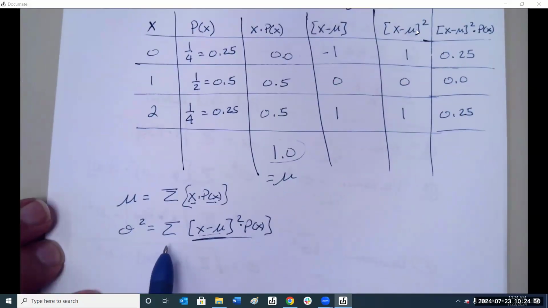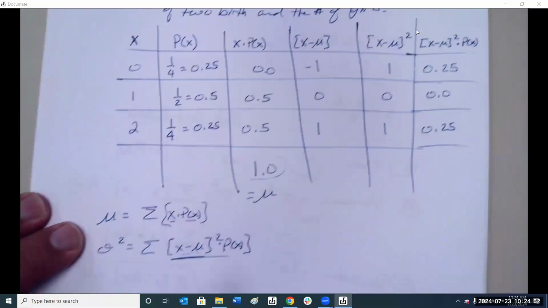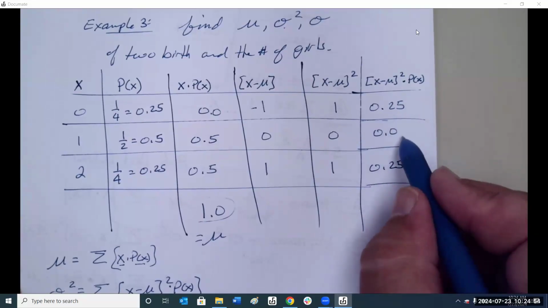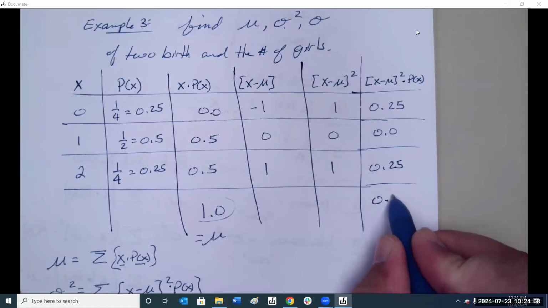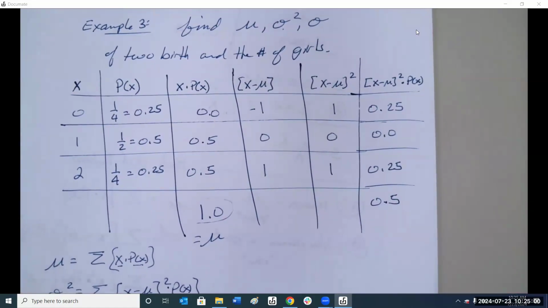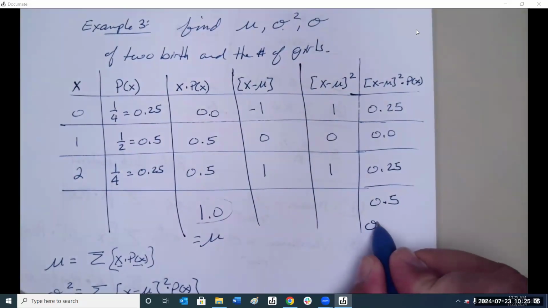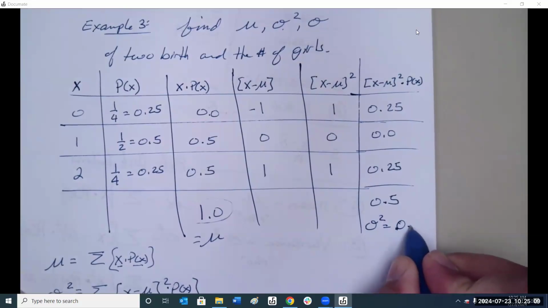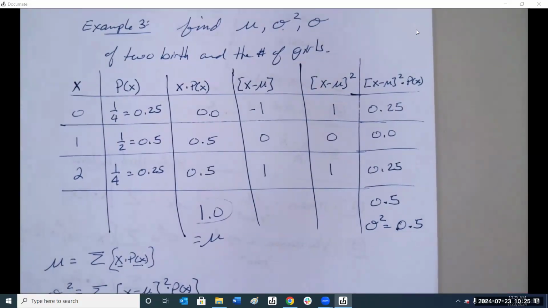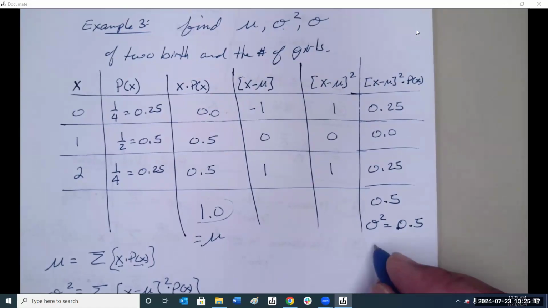Now, according to our formula, we have to add up all those. 0.25 plus 0 plus 0.25 is 0.50. So our variance is 0.5. That's sigma squared. That's our variance.